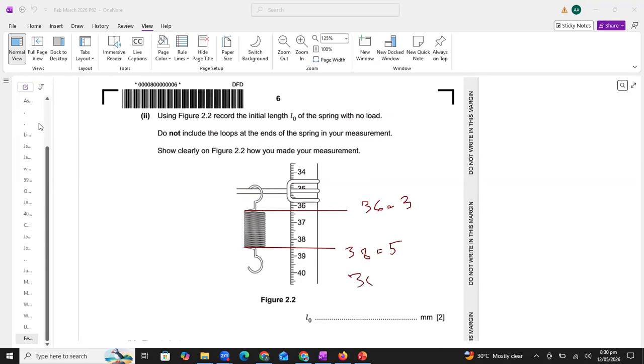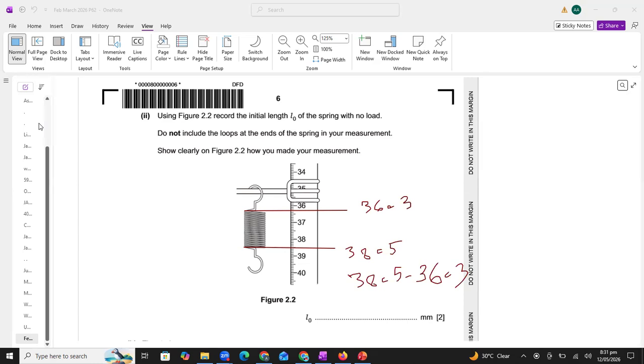So now we have to subtract both of them to get the length of this spring. 38.5 minus 36.3. Subtract both of them, students, and tell me what answer you are getting. Hurry up, I'm waiting for your answer.